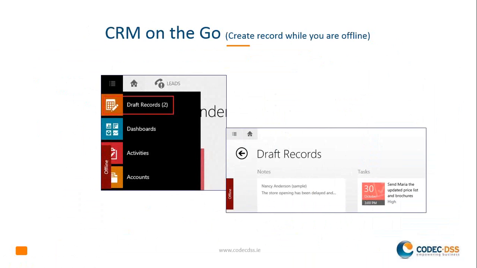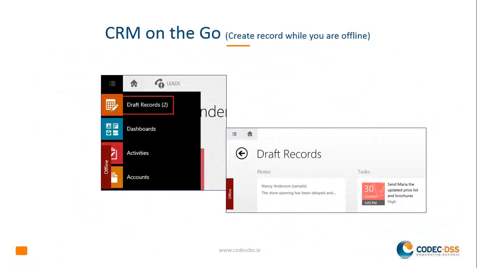While you're offline, you can do the same things in CRM: capture new accounts, make notes, or open up a new opportunity or leads, or whatever activities you would like to take, and it goes as a draft. It will keep the data in draft while you're offline, and when you get back online, it will sync in real time with the CRM system.